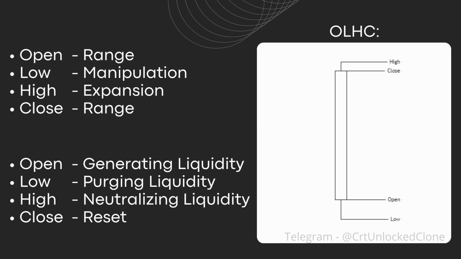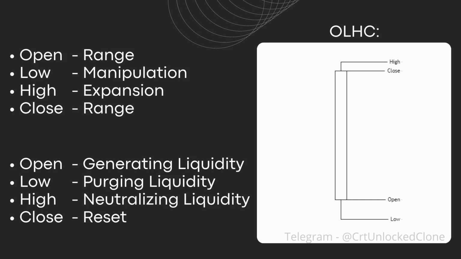For the first half of the day or the first quarter of the day, it literally ranges, and it does that first of all to generate liquidity or open interest. Similarly, when the month starts or the monthly candle opens, it spends like the first week to basically generate liquidity for the rest of the month for monthly range expansion.